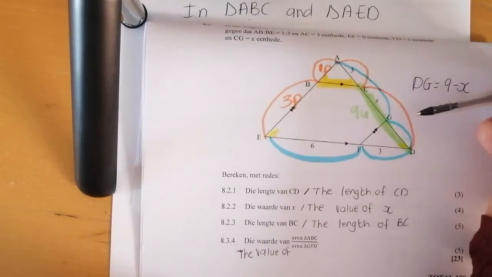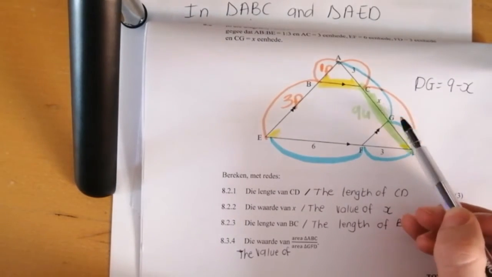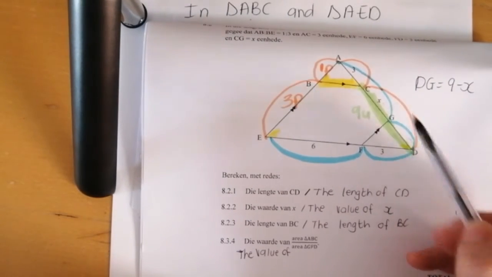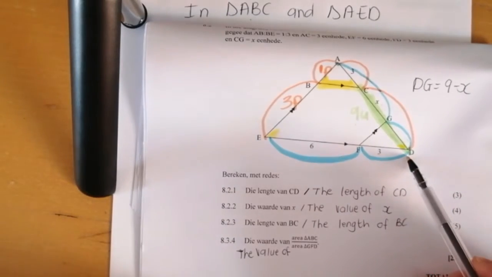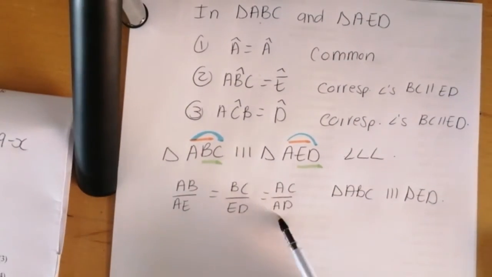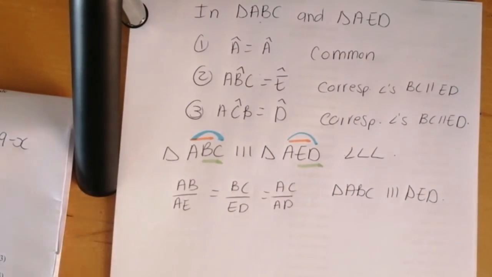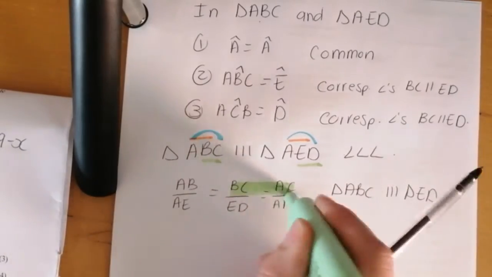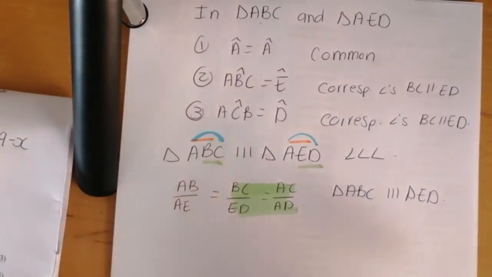And we have an actual value because we calculated X, we calculated the side, we can calculate AD as 12 units, so we can say over AD. So AC over AD, meaning that we are going to work with this ratio right here.